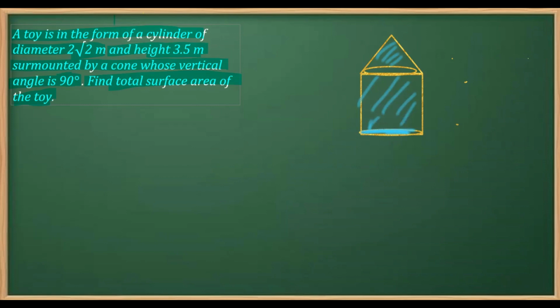So the total surface area of the toy should come as: curved surface area of cylinder, which is 2 pi r h, plus area of the base, which is in the shape of a circle, so it's pi r square, plus the curved surface area of the cone, which is pi r l.